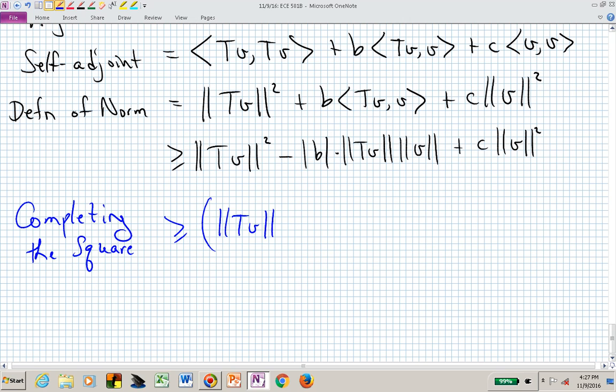Now I have a minus sign, but that's not really going to matter too much. I can now just say minus something over 2. What's the something that's over 2? If I'm completing the square, I want to end up with this minus B times the norm of TV times the norm of V when I square this piece.